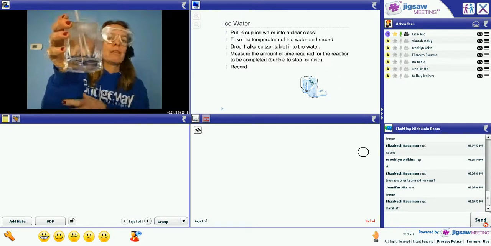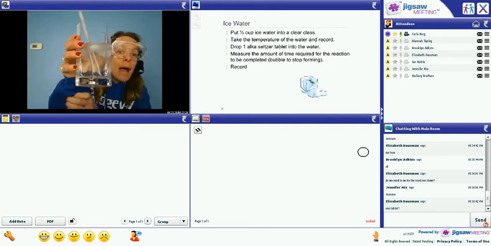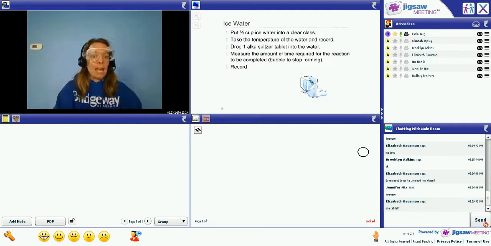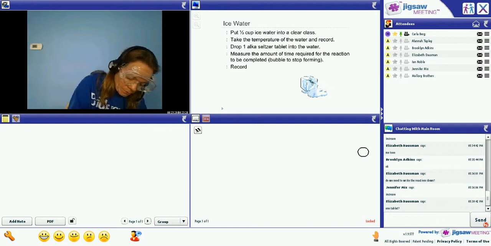You are now going to read the temperature of your thermometer in the ice water and record the results.